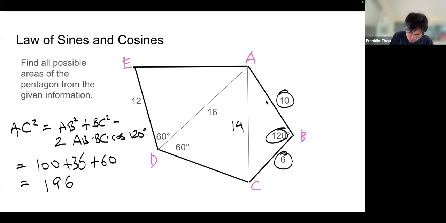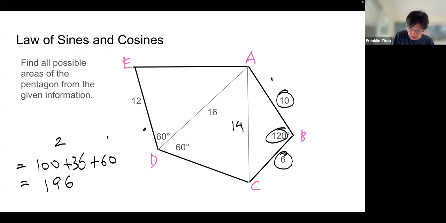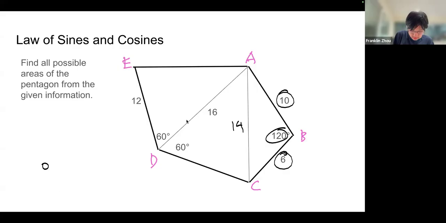All right, so now let's take a look at AE. And in AE, we can do basically the same thing. It's just that we have a different angle and two different lengths this time. It's actually not necessary to. Wait, never mind.